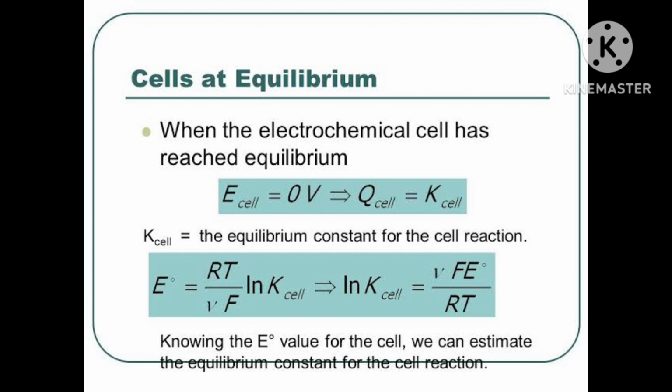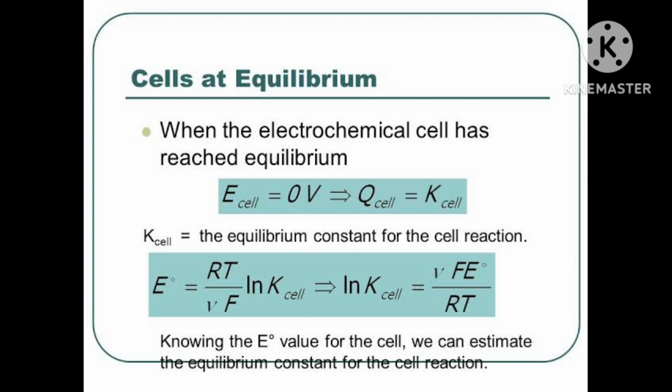All the values will be given, and you can quickly get the answer. If the K value is given, then you can calculate E cell. If the E cell value is given, then you can calculate K. These numericals are easy. The only thing is that you should know this relationship. You must remember it.